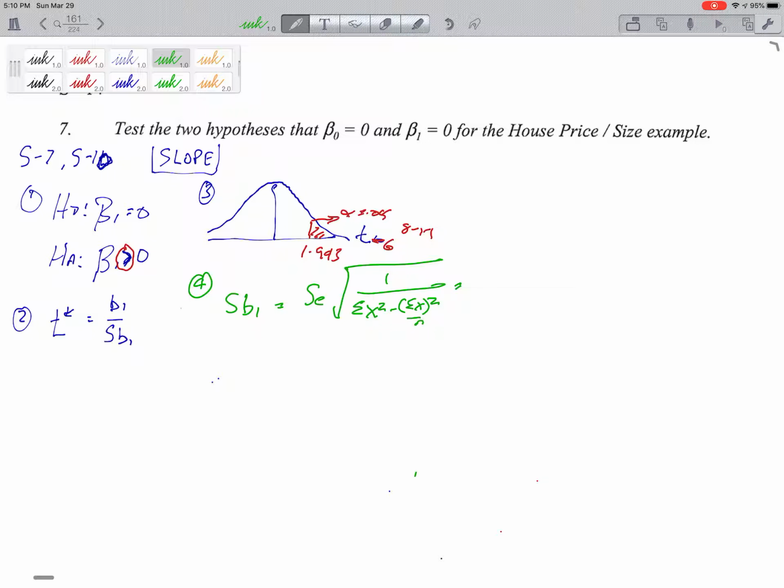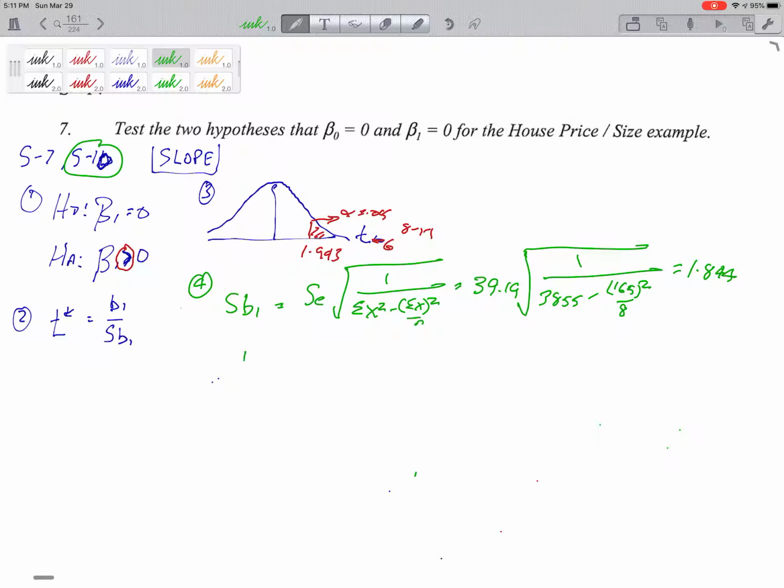For this problem it was 39.19, and this is from page S10 that we're getting that, times the square root of 1 over 3855 minus 165 squared over 8. And that comes to 1.844.